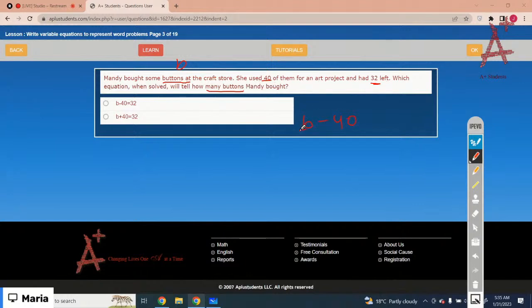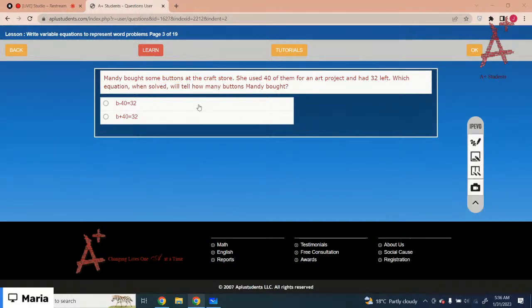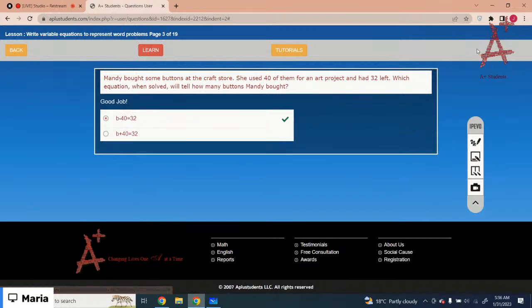Out of the B she used 40 for an art project and had 32 left. It would be B take away 40 equals 32. That would be option number 1. Option number 1 is the correct option.